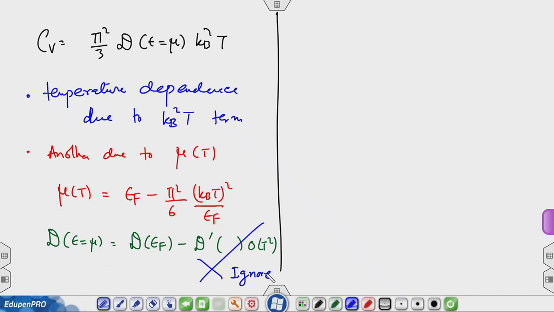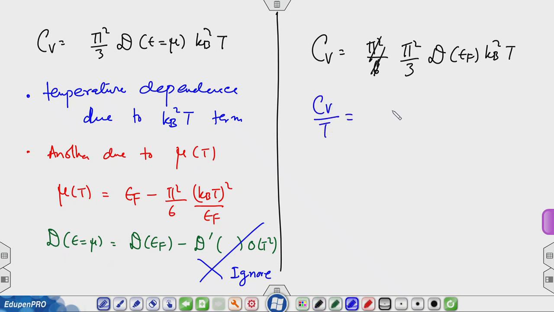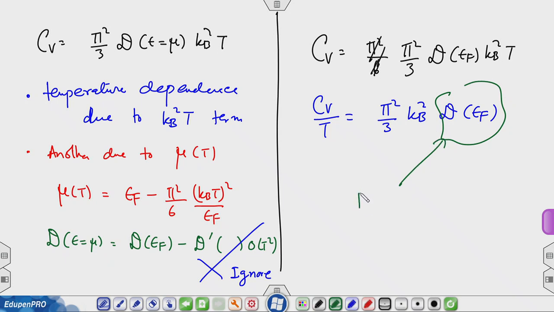This is going to be very small, and therefore, finally I get my expression for Cv, which is pi squared over 3 times density of states per unit volume at epsilon F, kB² T. So, Cv over T is the number pi squared over 3 kB² times density of states at epsilon F, and this is the quantity which is material dependent.